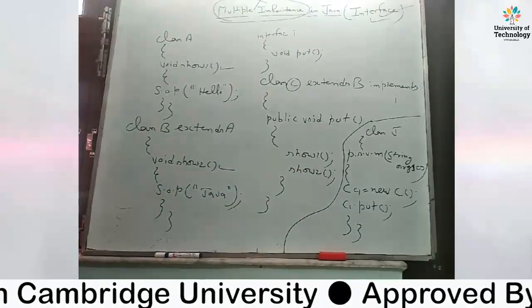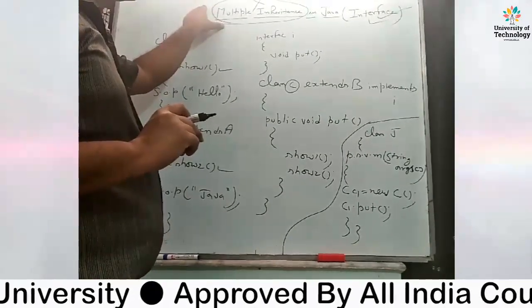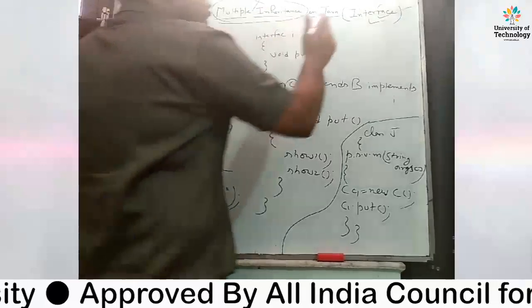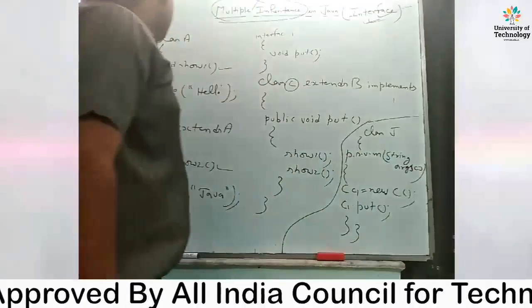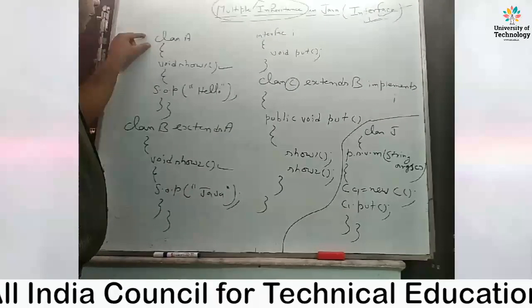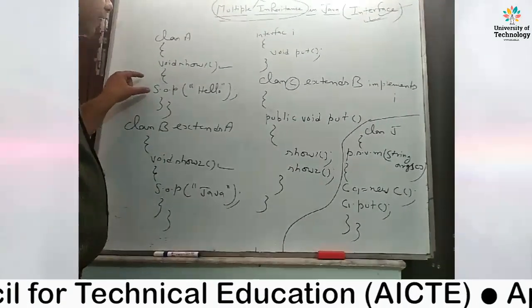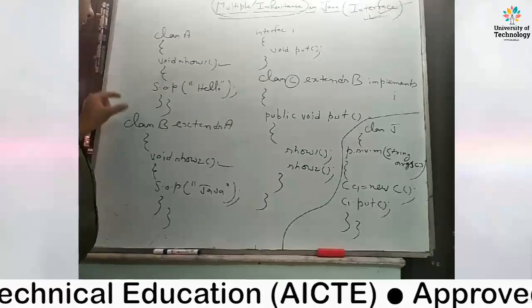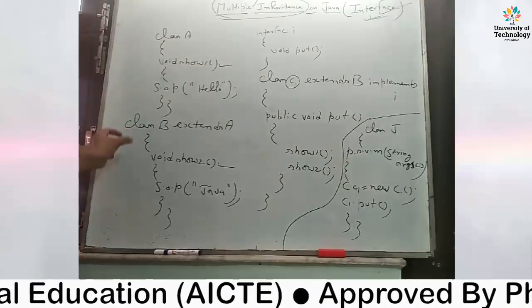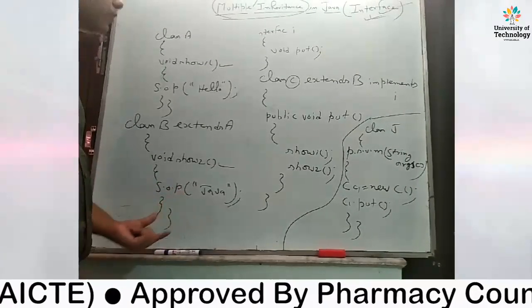Once again, Java does not support multiple inheritance. Java supports another concept called interface. Class A, we made class A, void show. This is a method, and we have given messages. Next, class B extends A, void show2, and we have given messages.